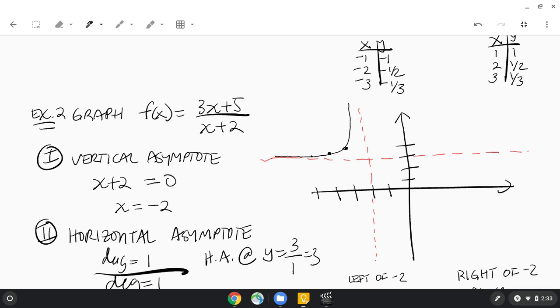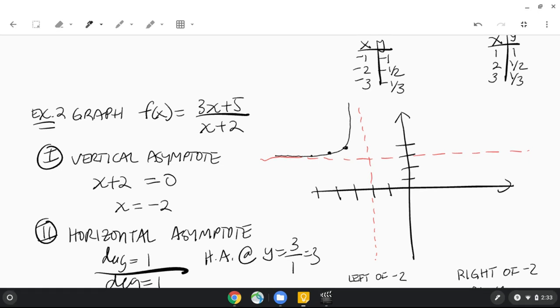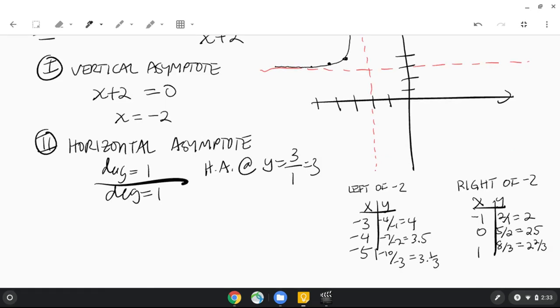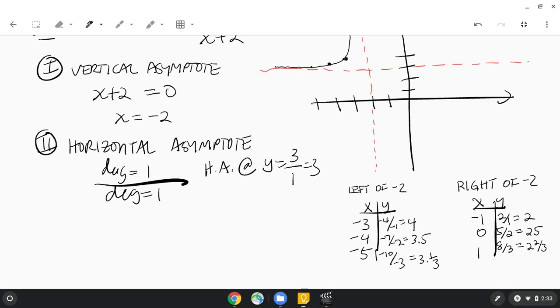Okay. And then on the other side, on the right side of -2, let's see what our points are. -1, 2. 0, 2.5.